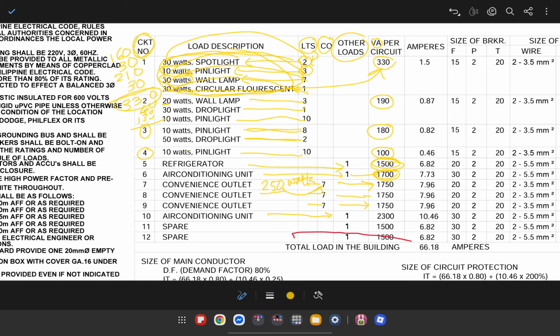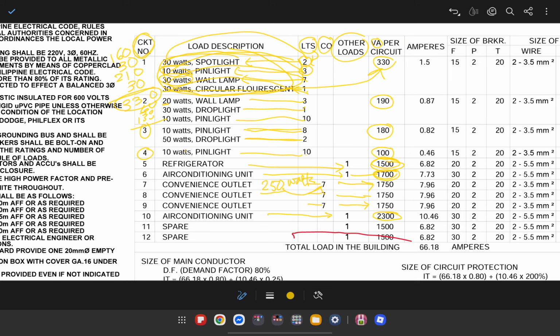So it means it's going to be hotter in this space. That's why it needs a bigger capacity. So that's why an estimate of 2,300 watts is provided. That gives you roughly a 3 horsepower aircon.